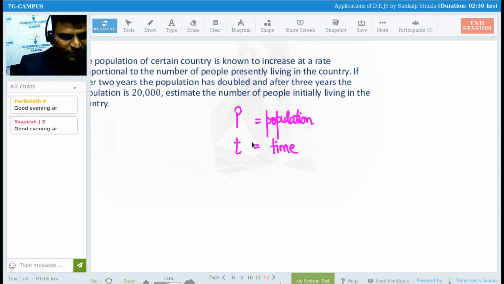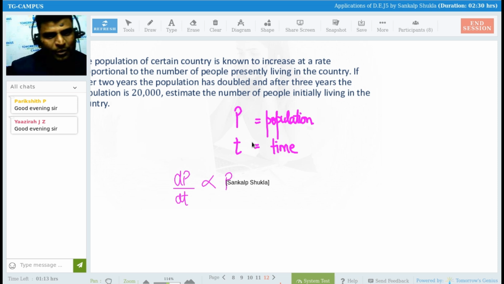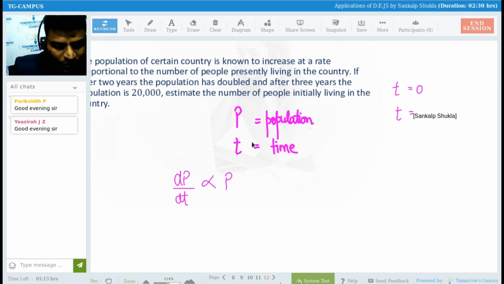That means the question is saying that dP by dT is directly proportional to the number of people presently living in the country. So it is P only. If after 2 years the population has doubled and after 3 years the population is 20,000, that means T equals 0, T equals 2 years and T equals 3 years. These three are the time references.